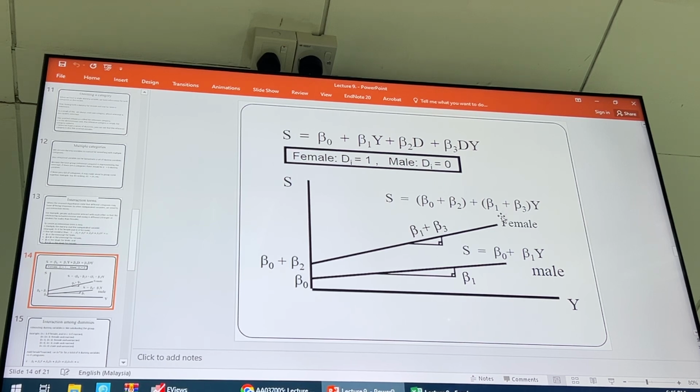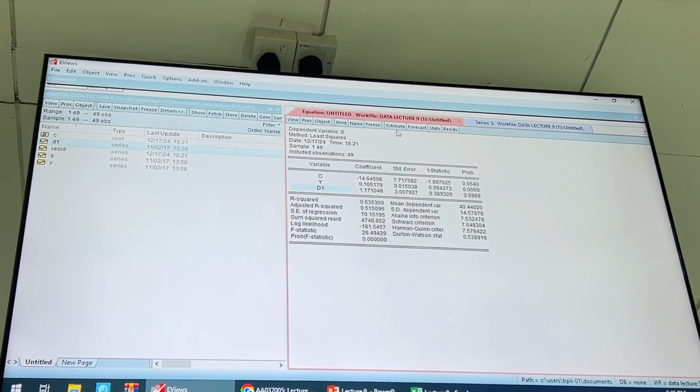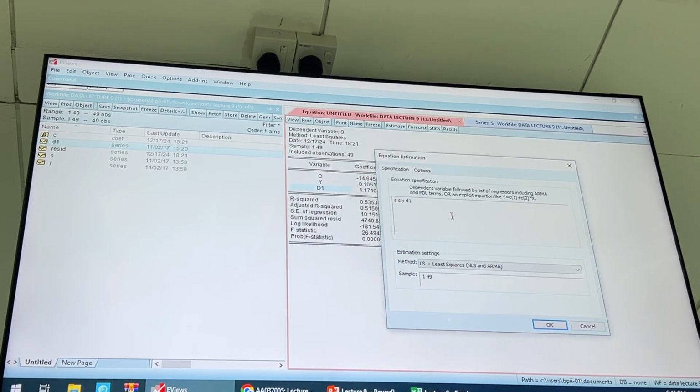The intercept for male, the intercept for female, the slope for male, the slope for female. In order to have this, we need to add an interaction term between the dummy and the income variable. So we have to re-estimate the model and add the interaction between y and d1.